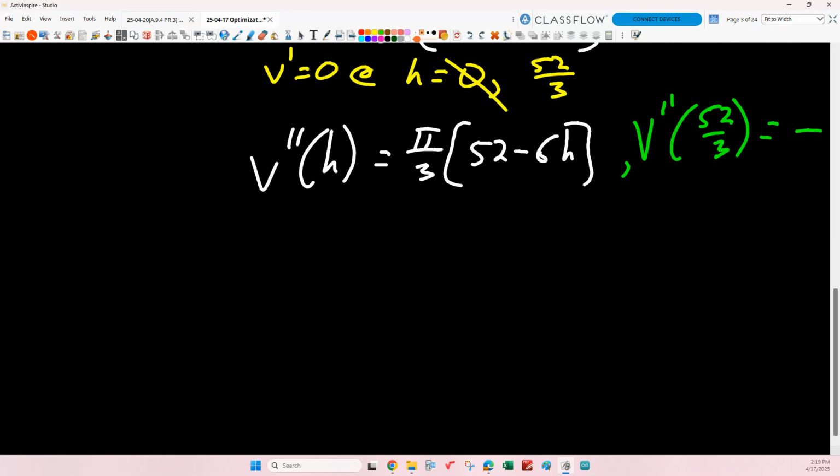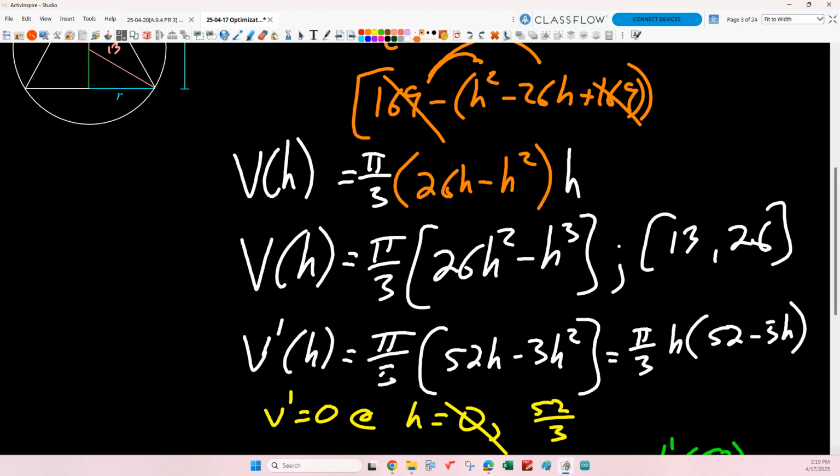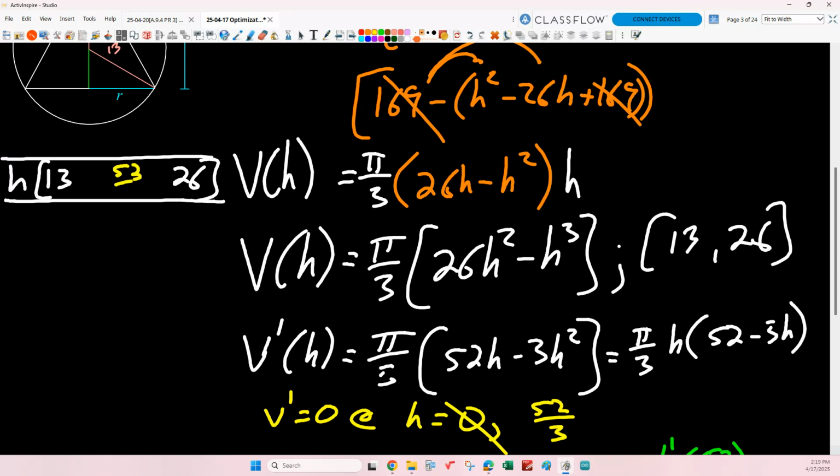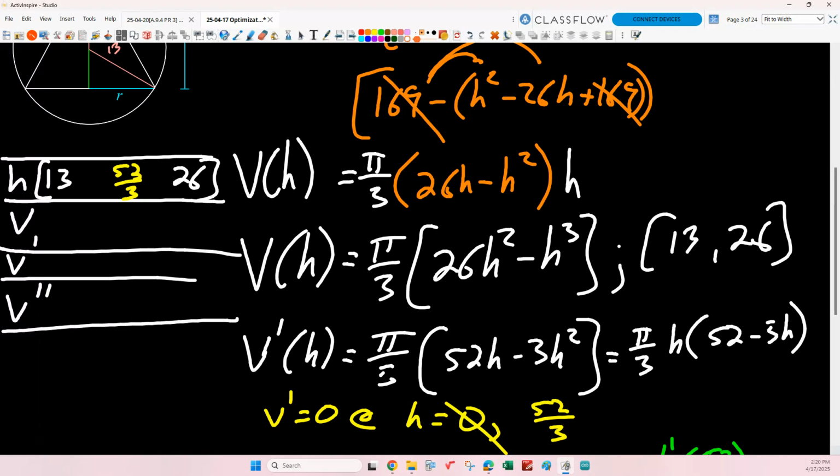Okay, so then this is a pretty simple table. We could even just do it right up here. So we had 0 first derivative.